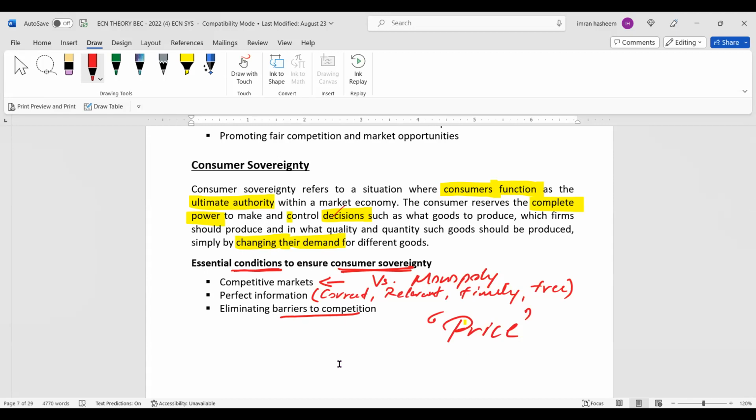Now, if I tell you guys, when you're about to make a decision on your advanceable stream or something like that, if I tell you guys that economics has 10 units, economics has 10 units. Economics has 10 units. What do you think? What is the problem with that information?